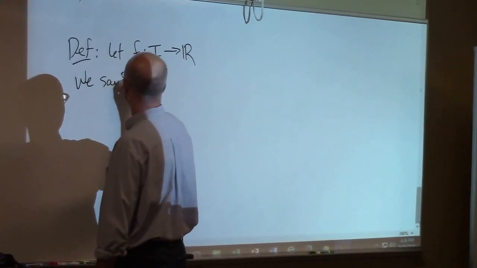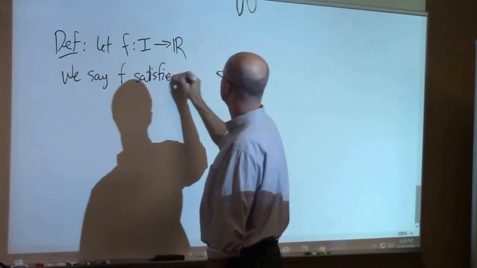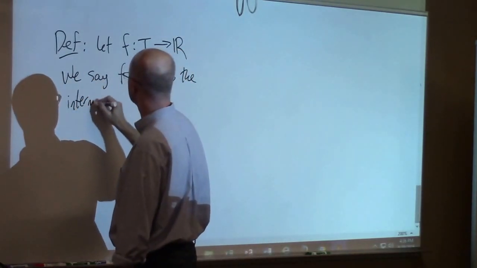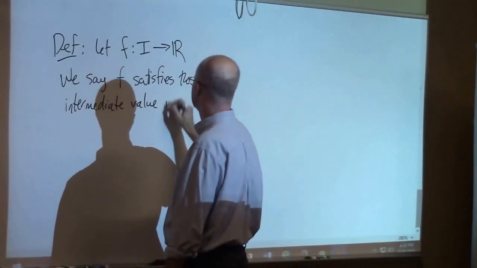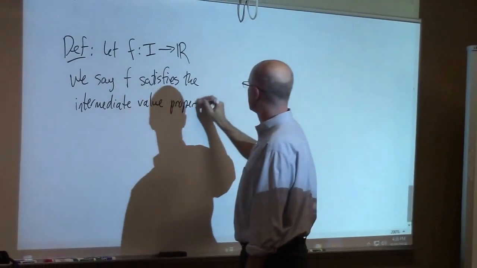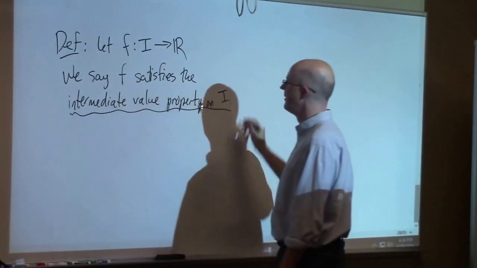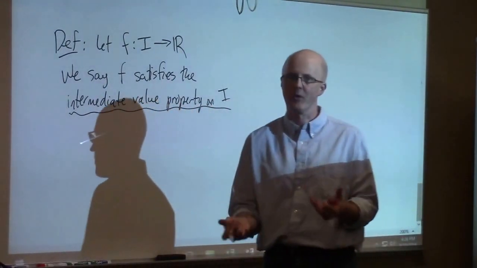We say f satisfies the intermediate value property on I. It's important to emphasize what interval you are talking about. You know, functions are more than just formulas or rules.